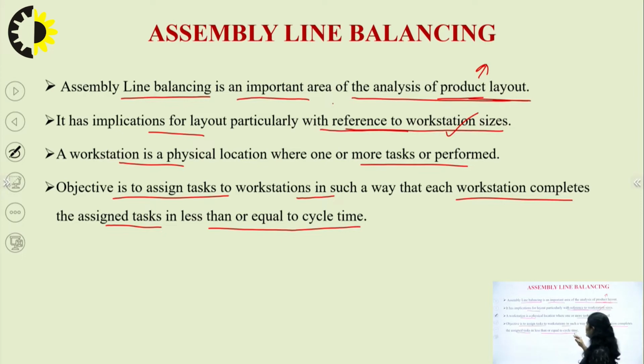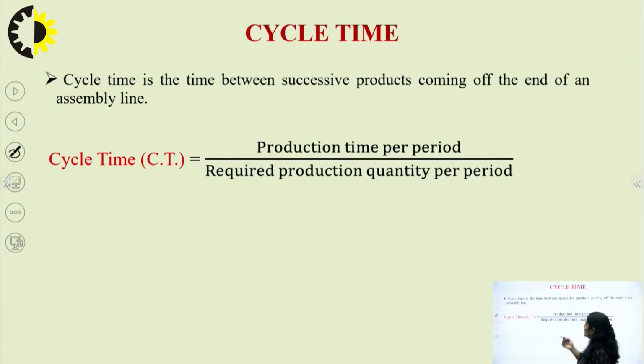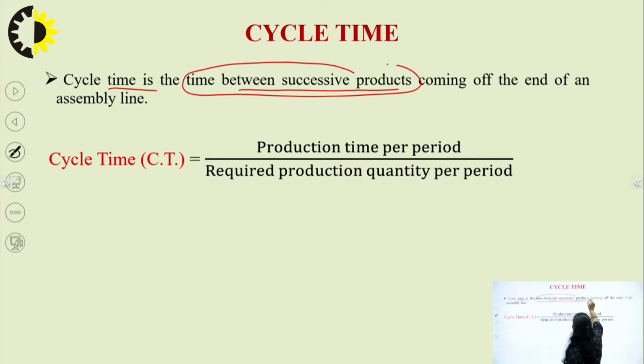Now we will see how we can compute the cycle time. First we have to understand what the cycle time is. Cycle time is basically the time between the successive products coming out from the end of an assembly line. So it is the time between two successive products.